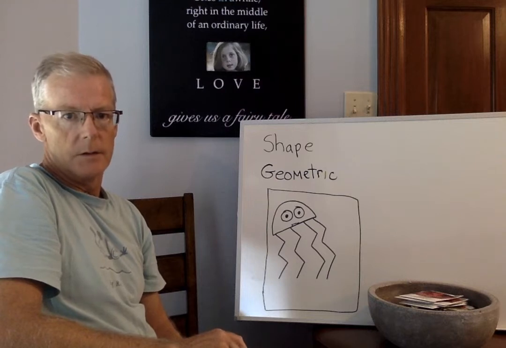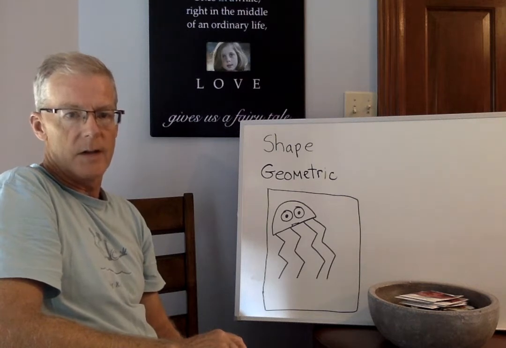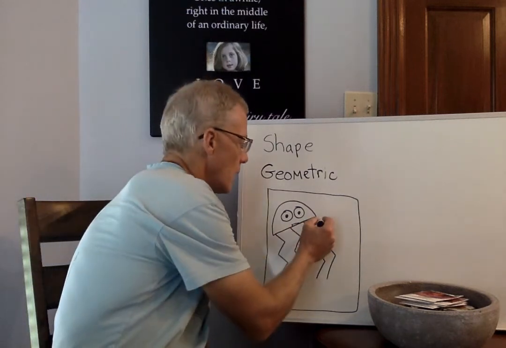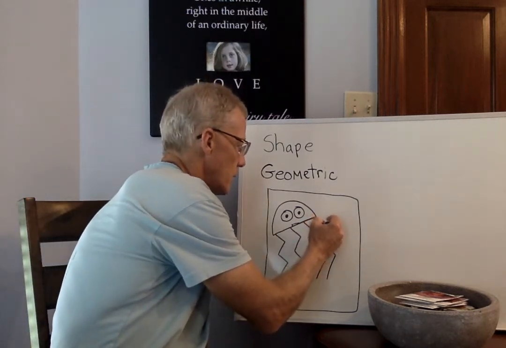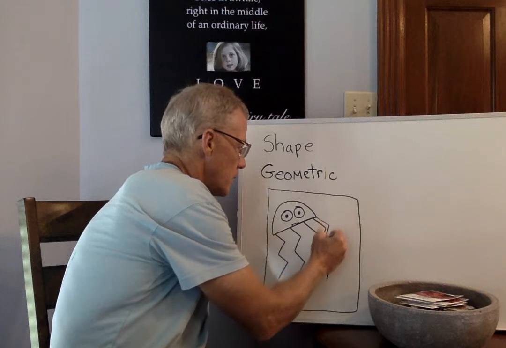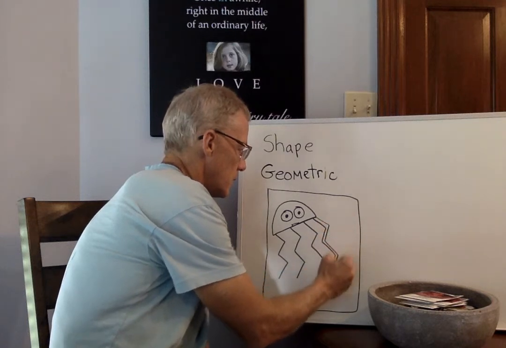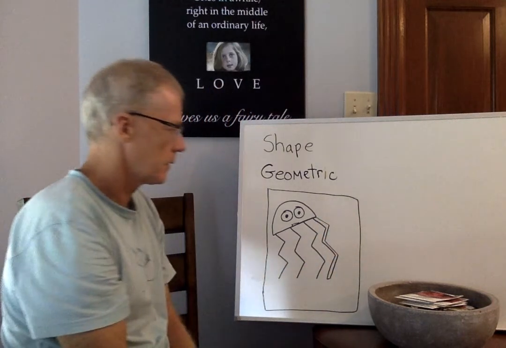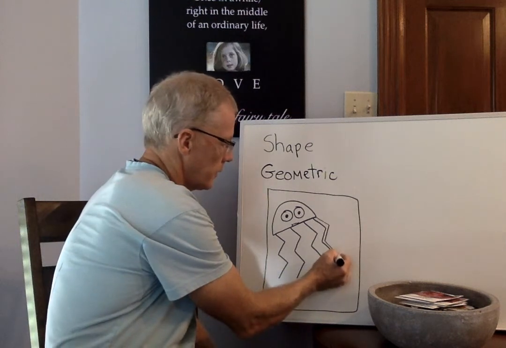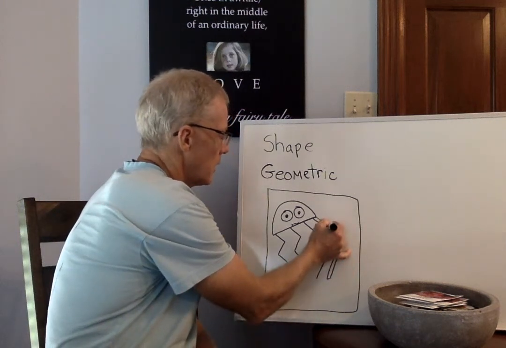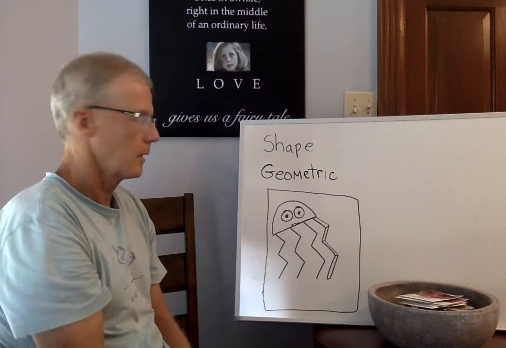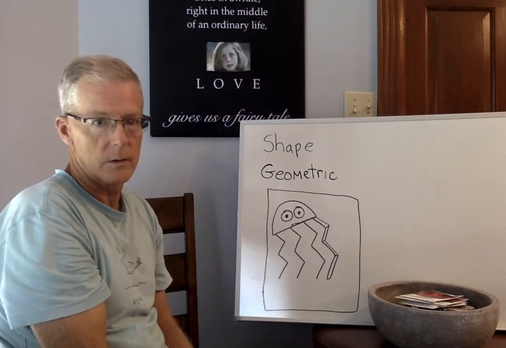These are, yes, zigzag lines. But what we're going to do is we're going to attach rectangles. Okay? So, those are like rectangles attached to one another. Uh-oh, it's going to look three-dimensional.